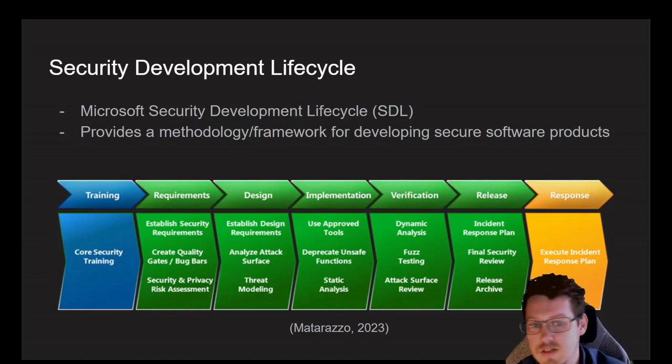Quality gates and bug bars are a way of specifying what the accepted level of bugs or security problems within the system should be. When you're creating a system, as you probably know from doing a bit of programming throughout the course, bugs are probably inevitable.